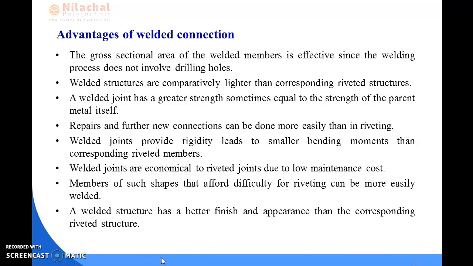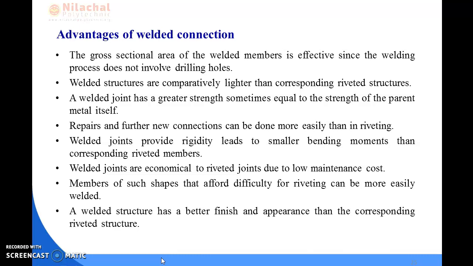So we can easily see it, and we can easily repair it with a minimum cost. So as compared to the bolted connection, the repairing of the welded connection is very quick and very economic.